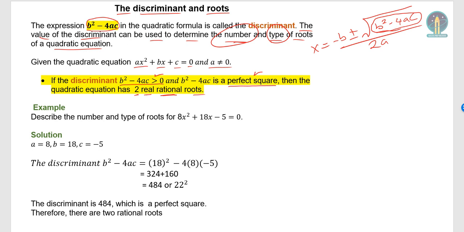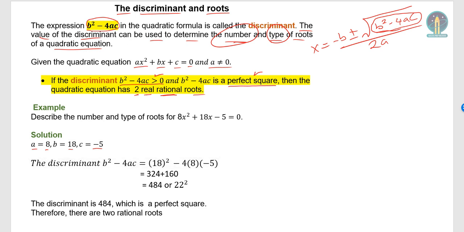Let's look at an example. Describe the number and type of roots for 8x squared plus 18x minus 5 equals 0. So again, noting the coefficients, we have a equals 8, b equals 18, c equals minus 5.